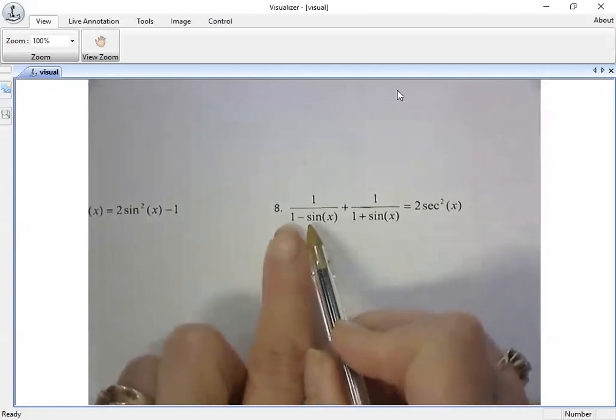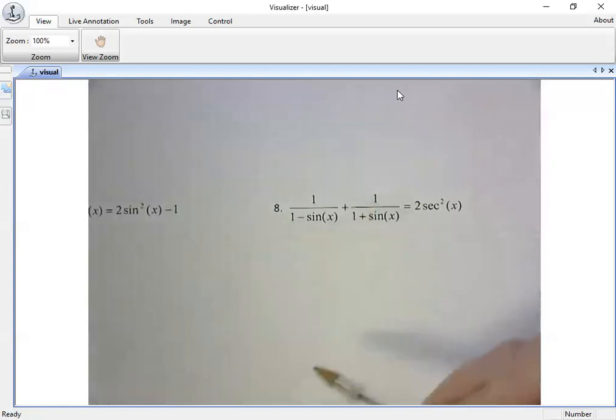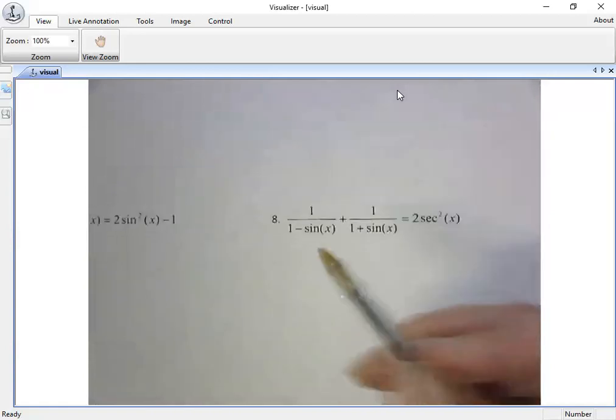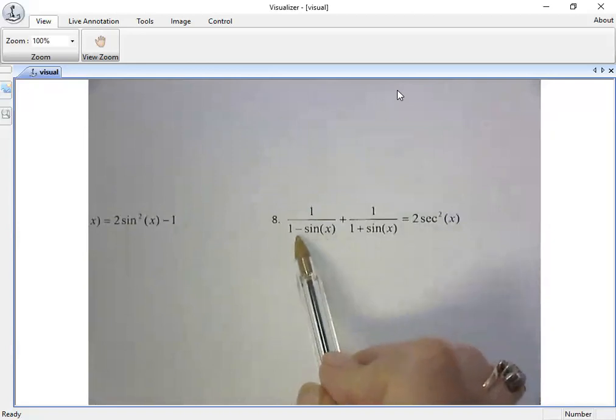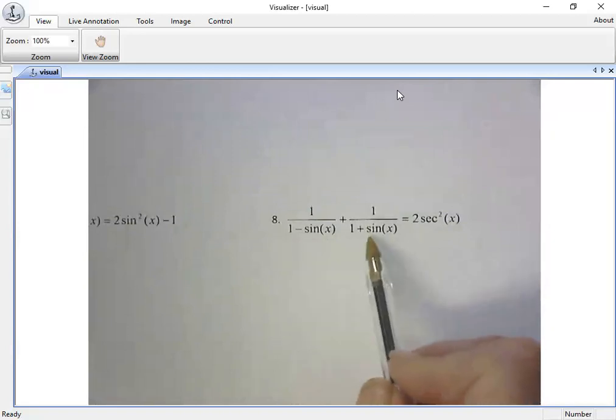So I have this plus this, and I notice that these fractions do not have the same denominator. So what did you decide you might try to do? Common denominator. And what would be the common denominator? Well, is 1 minus sine of x the same thing as 1 plus sine of x?